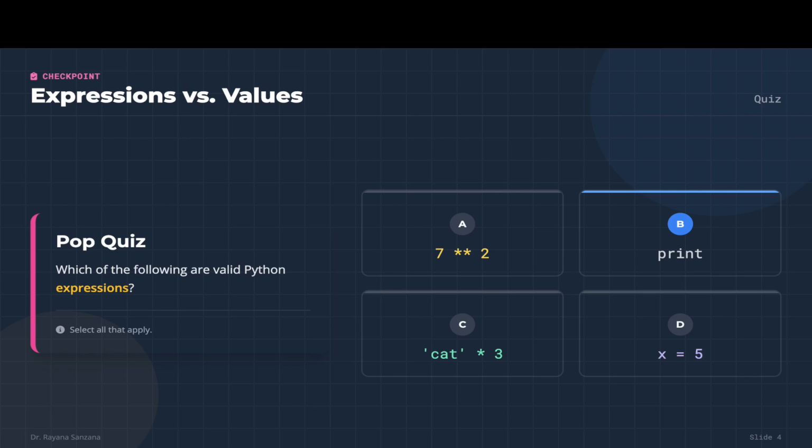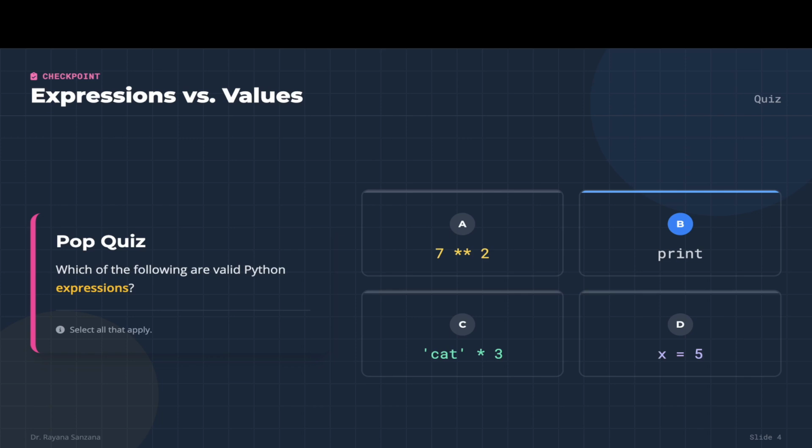Though technically it evaluates to the function object, usually beginners mean a call. Technically, referencing a function is an expression, but it doesn't do anything. However, in the context of valid code that does something useful like a calculation, typically we want function calls.